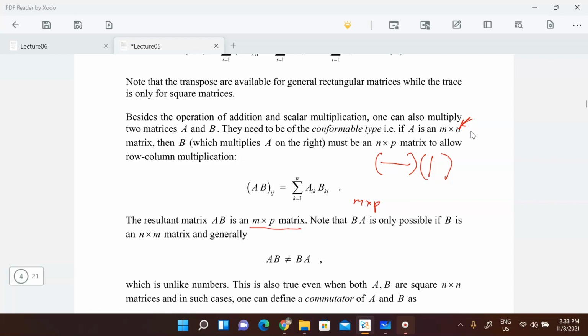Now it doesn't have to be that way, but that is what we need in this particular case, especially when you want to introduce other operations together with matrix multiplication.